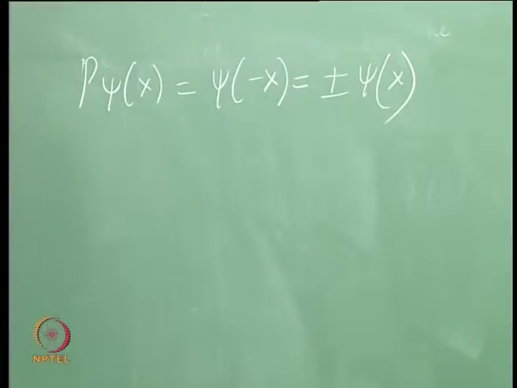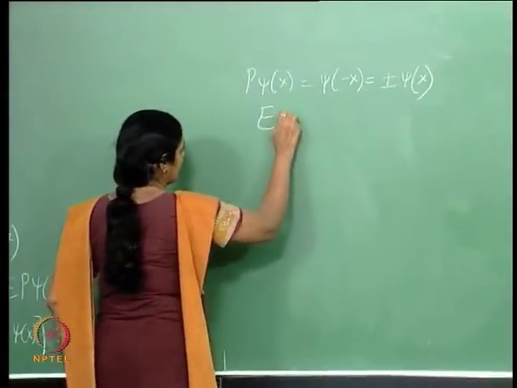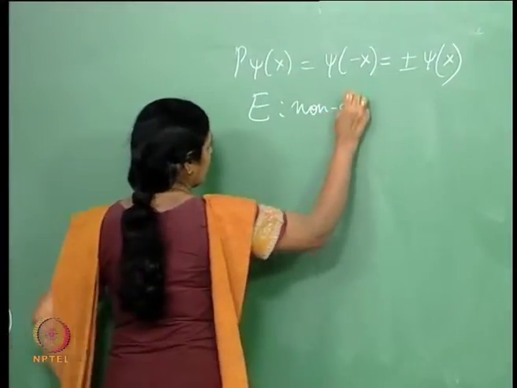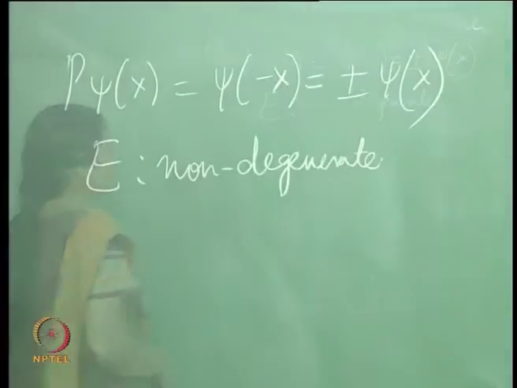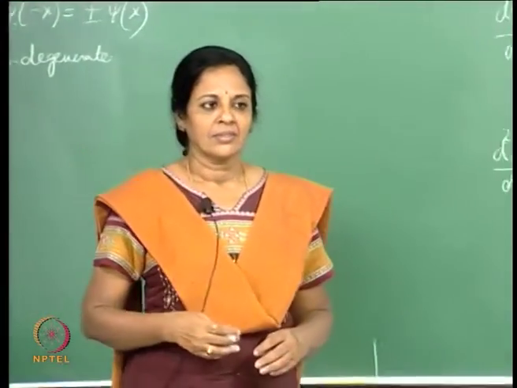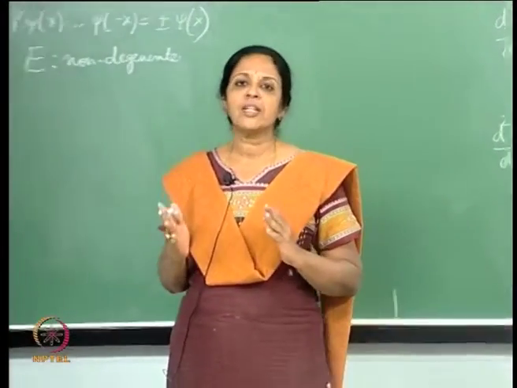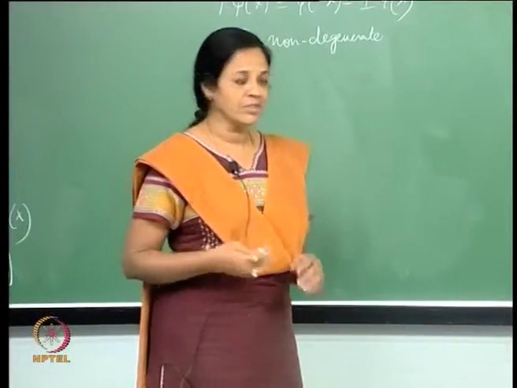Only then this equation is satisfied, where E is non-degenerate. And therefore, the eigenstates, the energy eigenstates, will have definite symmetry properties. They will either be odd functions of x or even functions of x.